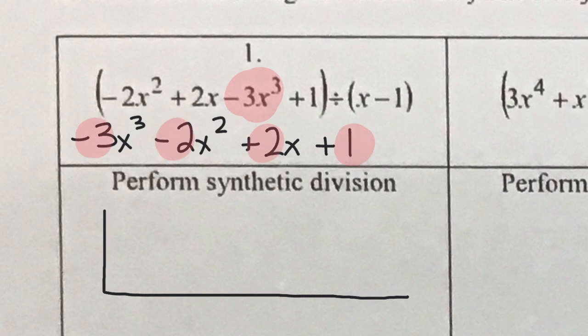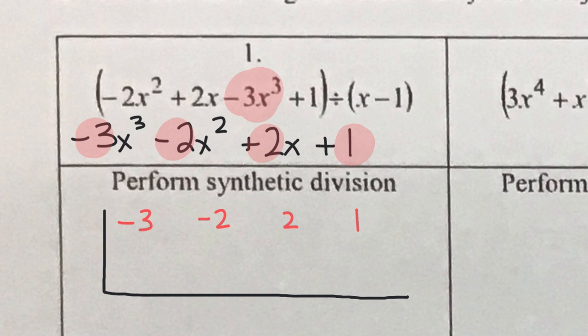So first we write them down on the top half of this little house here: -3, -2, 2, and 1. Because it's in order, if we are ever missing a power of x, you have to put a 0 in for that missing power. There has to be a placeholder for every single exponent in your problem.